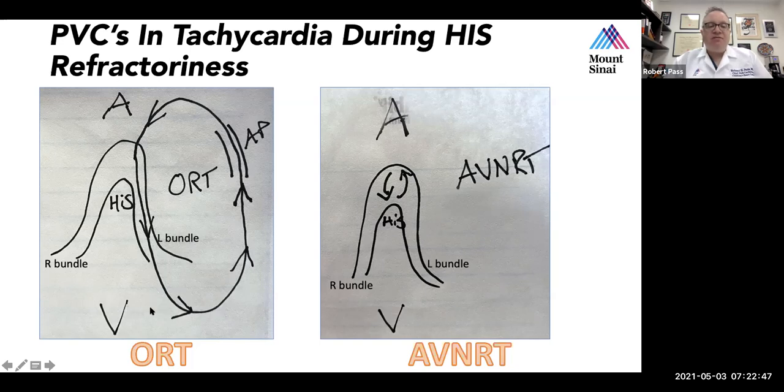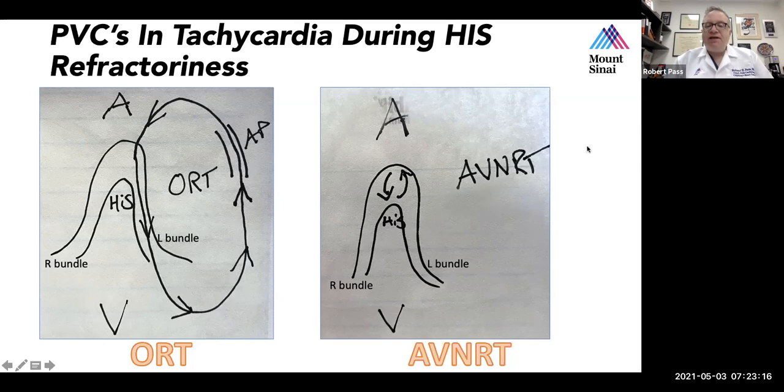Whatever length of time it takes to go from the bundle of His to the ventricular apex is how much earlier the next A will be, because I will be depolarizing the ventricle with my PVC and causing the impulse to go up the pathway sooner than it would in ORT.